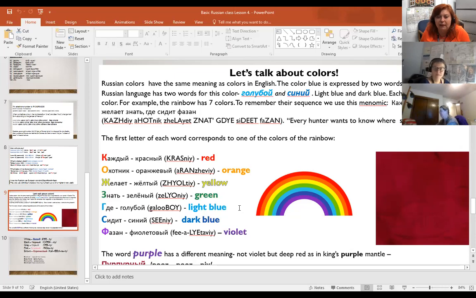I wonder if there are any other colors that mean different things, like chartreuse and салатовый. Can anybody think about other colors?